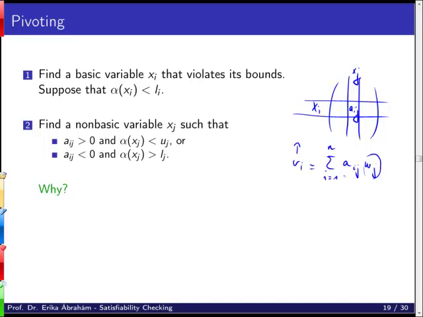So if I look at the value of this sum, for different values for the variables, this sum might have different values. But I have already taken the largest value which I am allowed to take due to the inequations, due to the upper bounds. So there is no way of increasing the value of this sum. That means we have found a reformulation of the problem which proves that these bounds together with this equation system are not satisfiable. So in this case, we can return unsatisfiable.